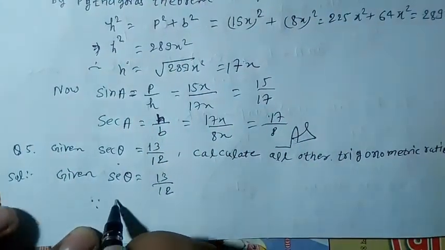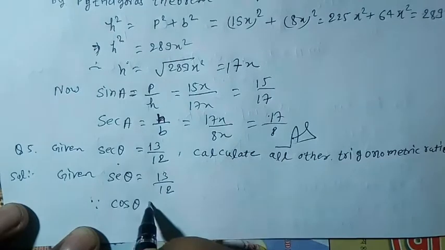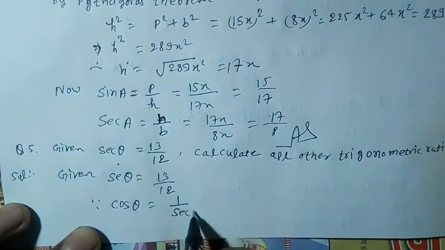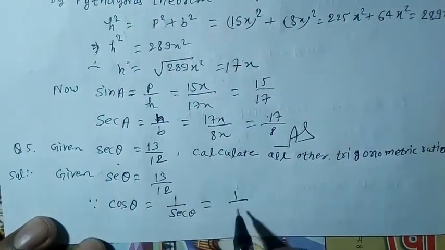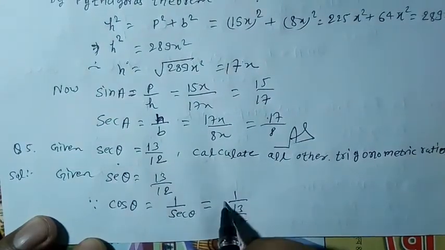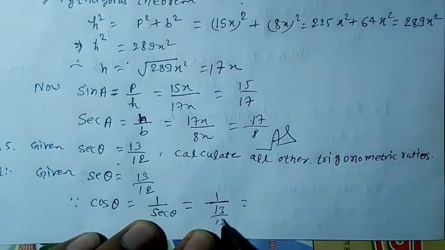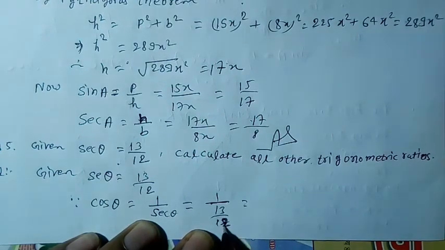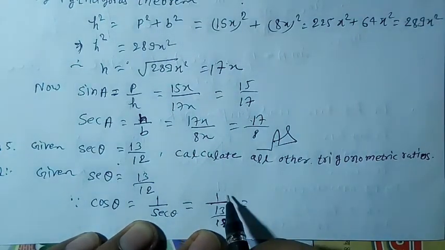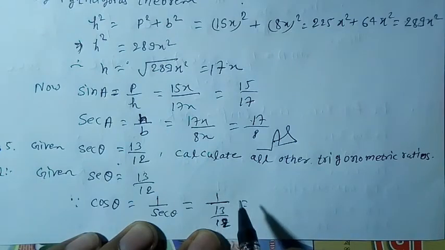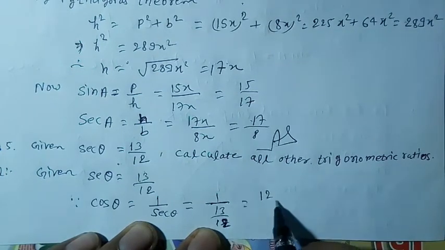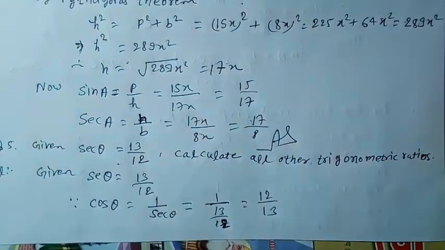Because cos theta is equal to 1 by sec theta, which is 1 by 13 by 12. Therefore, 12 goes to the place of the numerator, so 12 by 13.